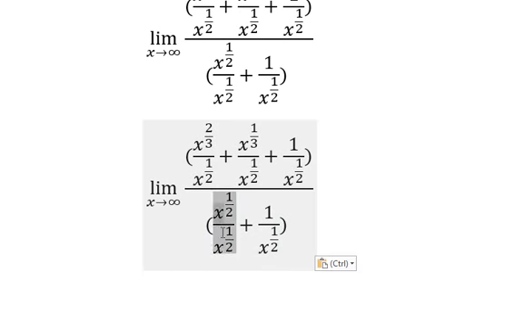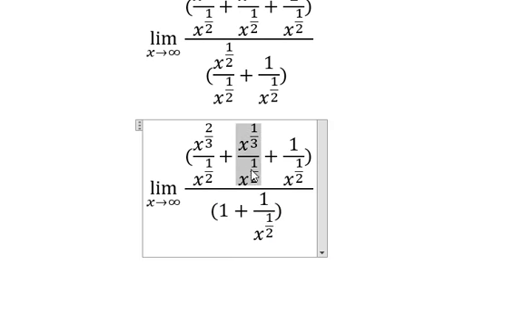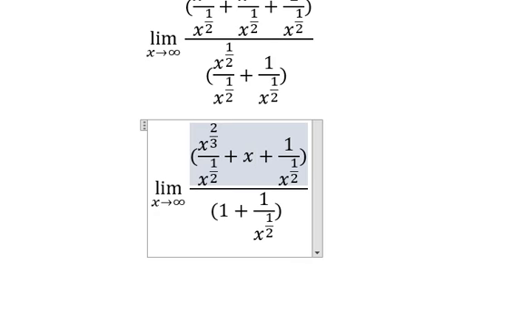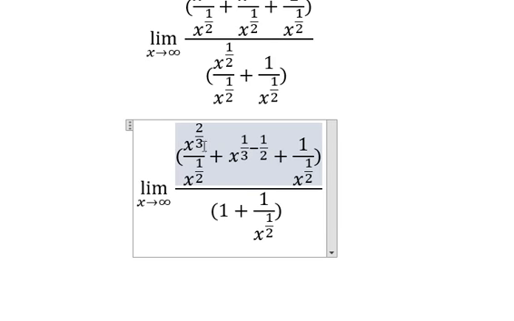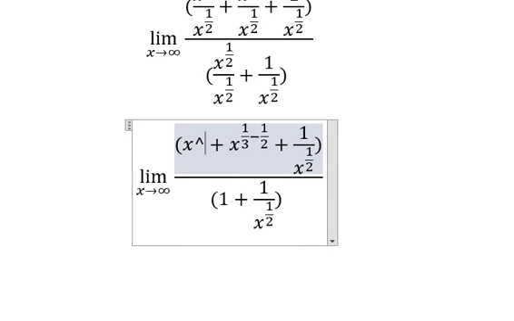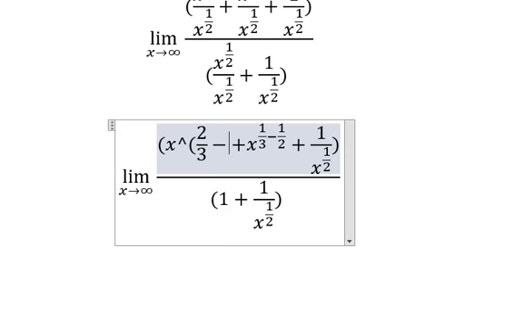So this one you get number 1. This one you get s to the power of 1/3 minus 1/2. This one you get s to the power of 2/3 minus 1/2.